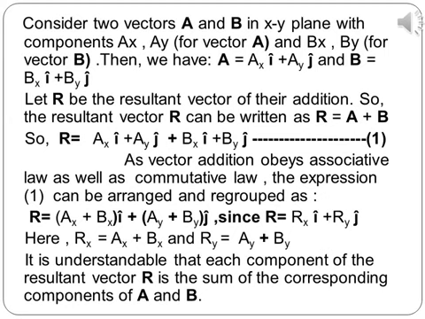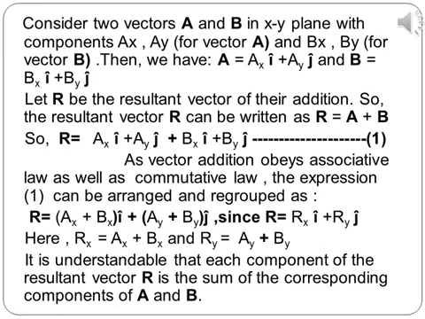As vector addition obeys the associative law as well as the commutative law, the expression 1 can be arranged and regrouped as vector R is equal to (Ax plus Bx) i cap plus (Ay plus By) j cap.